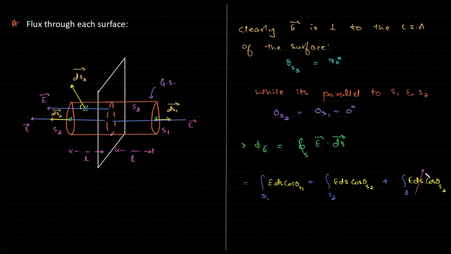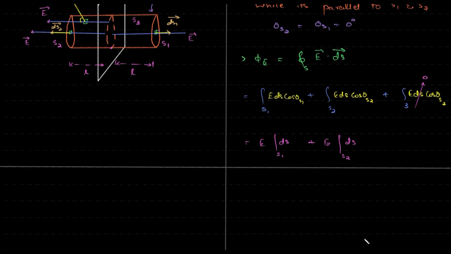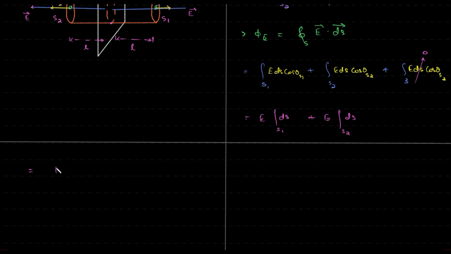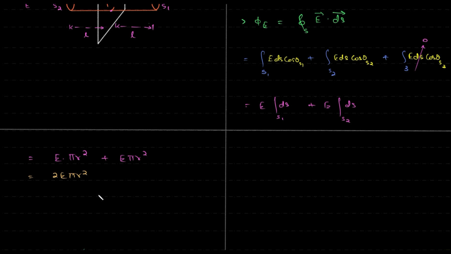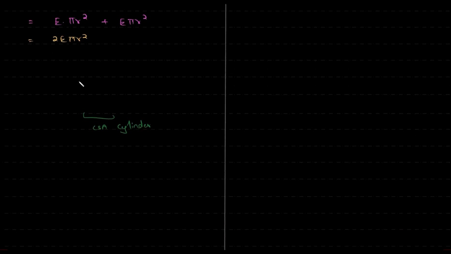So this will be 0. E is constant, and so this is dS over S1 plus dS over S2. Agree? Now, E pi r square plus E pi r square. This will be 2E pi r square. That's your flux.